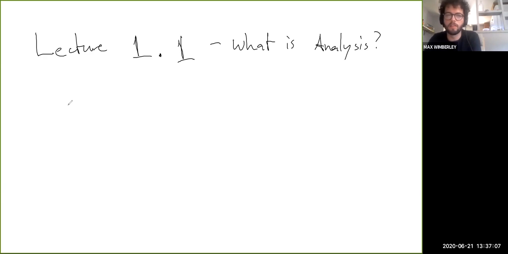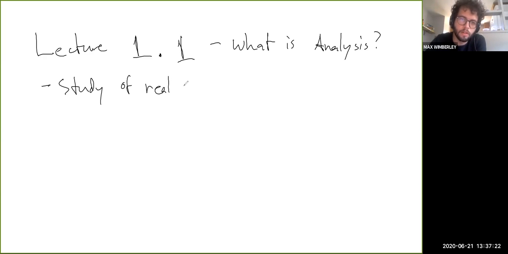As it says in the syllabus, real analysis is nominally the study of real numbers, which we denote by this funny looking R, and functions from R to itself.